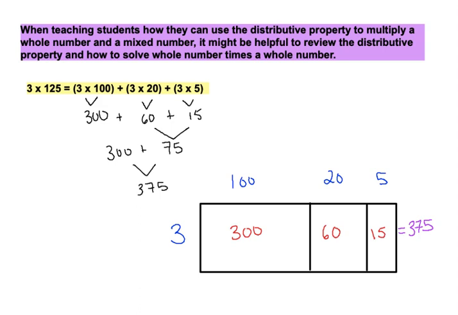And reminding students of the array that we also use to find out the product of 3 times 125. So these are some things that you might want to review with your students prior to tackling whole number times mixed number.